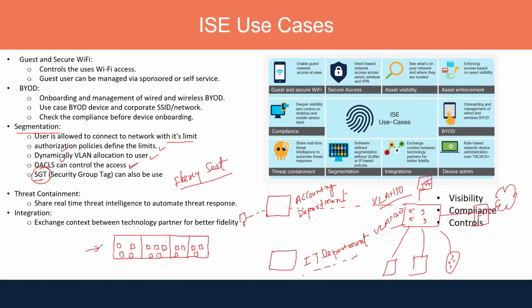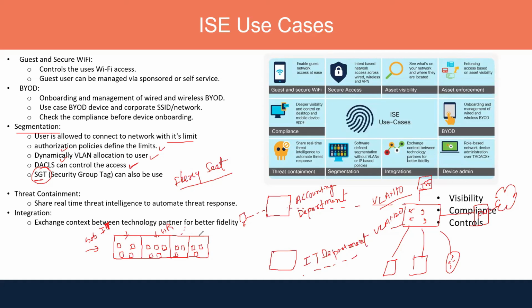Let's say there is a user, you can take Bob as the user who belongs to the IT department. And instead of sitting on the IT floor, he might go to the HR floor or somewhere else, right?